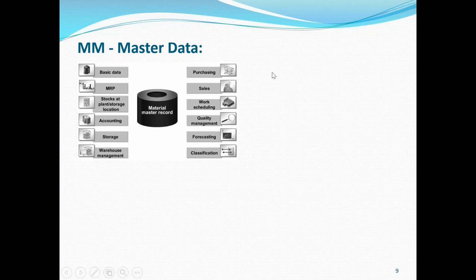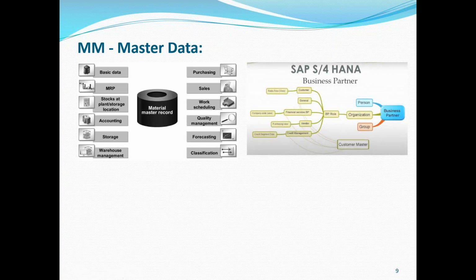After material master record, in SAP S4HANA, a new functionality called business partner is introduced. Unlike ECC, where there are different transactions to maintain the vendor master record, or the supplier details, in SAP S4HANA the business partner is used.